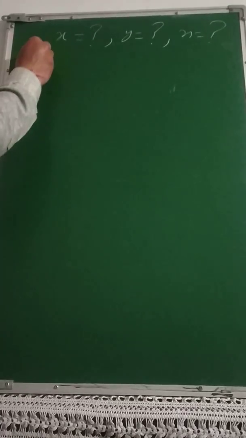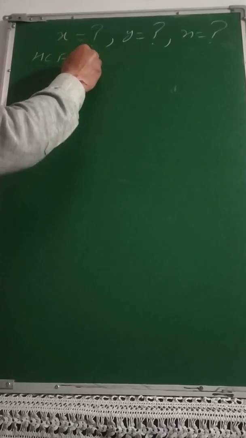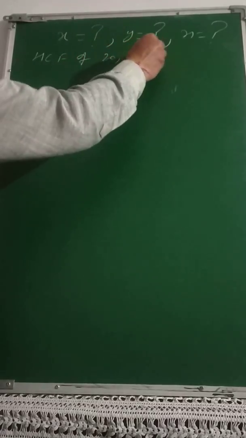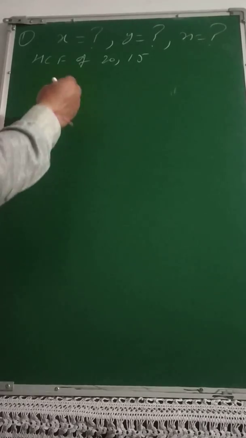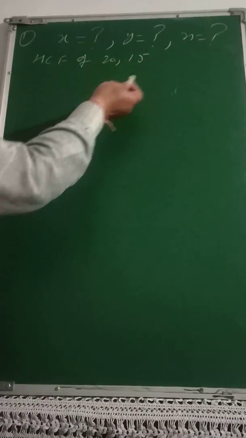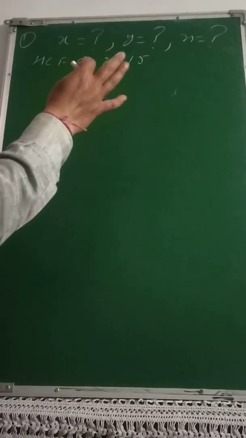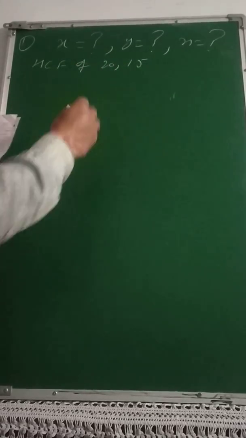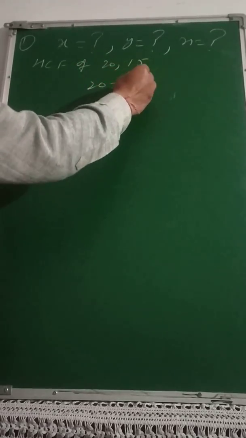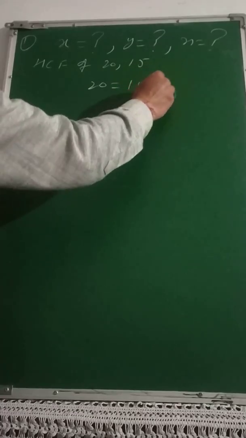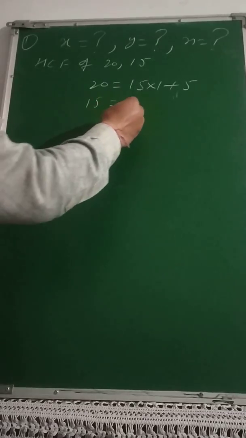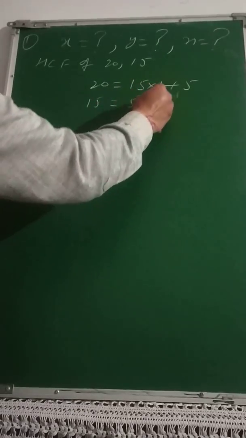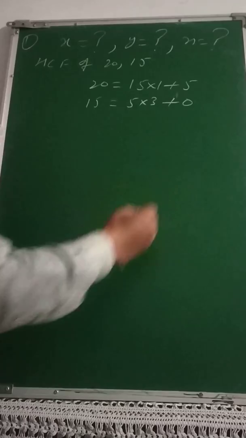So find the HCF of 20 and 15. You can divide by the division method also, but in your answers you will always be using the lemma. So 20, when you divide by 15, it becomes 15 into 1 and the remainder will be 5, and then 15 will be the dividend and it becomes 5 into 3 plus 0.